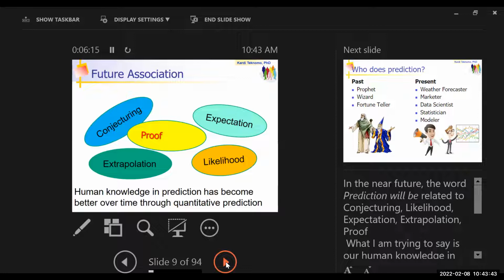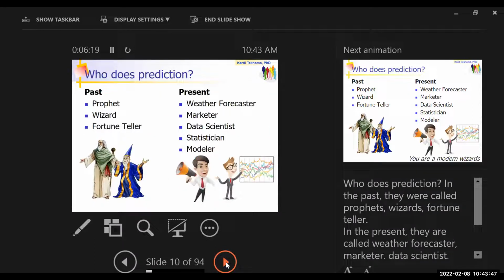So in the past, who did the prediction? The prophet, the wizard. They called it fortune teller, right? But the present wizard is, of course, called marketer, data scientist, statistician, modeler, or weather forecaster, isn't it?